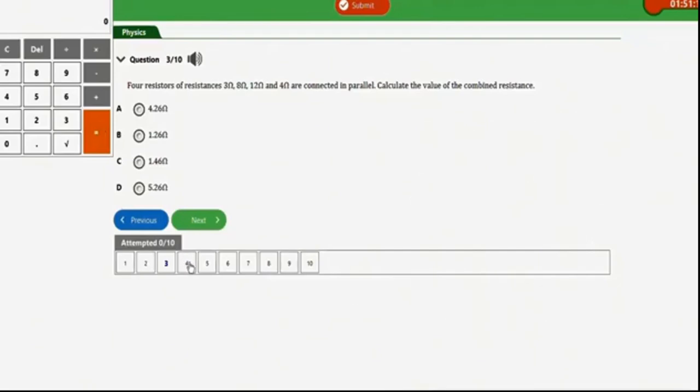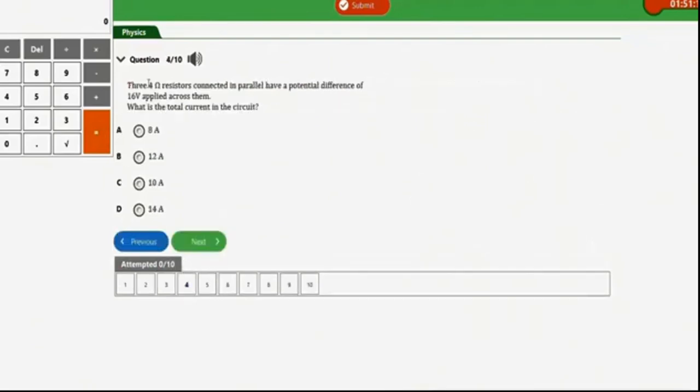Okay, so the next repeated question will be this question. It says resistors connected in parallel have a potential difference of 12 volts applied across them. What is the total current in the circuit? For this particular question, we have 3 resistors connected in parallel.